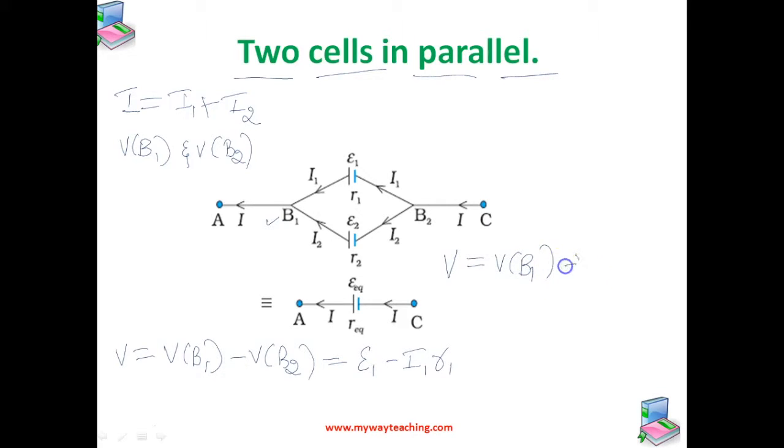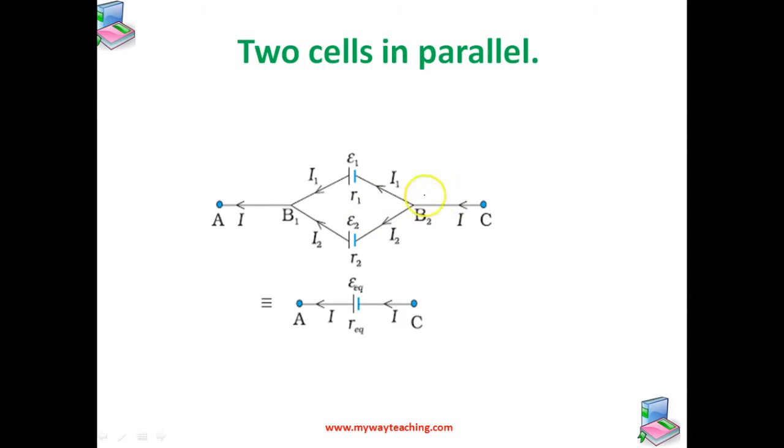The voltage remains the same, isn't it? Then we can write I is equal to I1 plus I2. This we know. If you use the equations of voltage, we can replace this current equation.